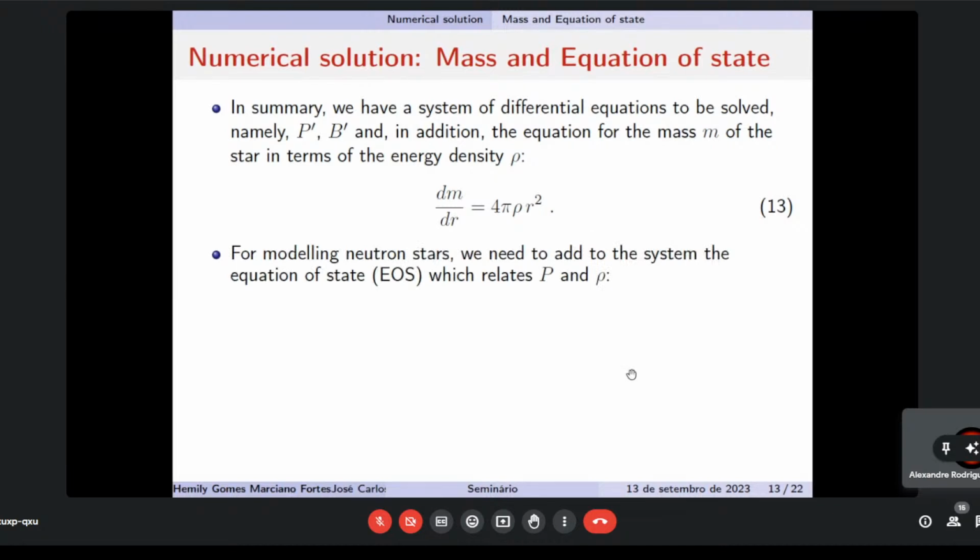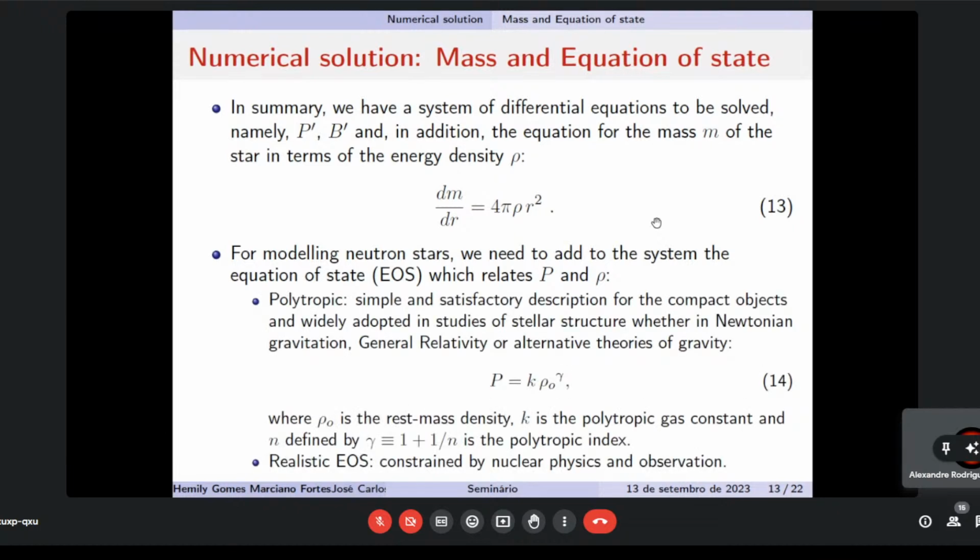And we have to choose the equation of state, because we have to choose a way to relate the pressure and the energy density inside the star. So we have two options here, and the first one, and the simpler in general, is the polytropic. We can use that for a lot of astrophysical situations, and for neutron stars you can use it too.